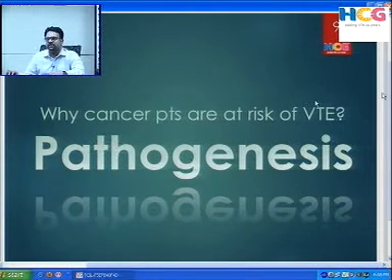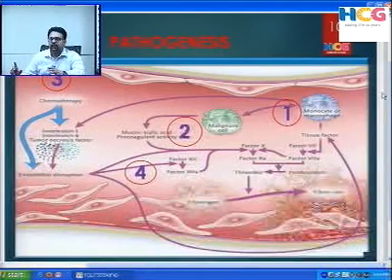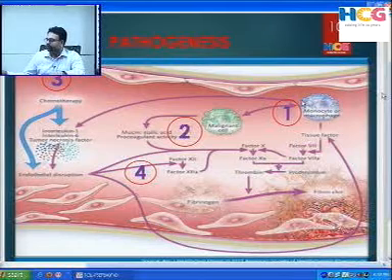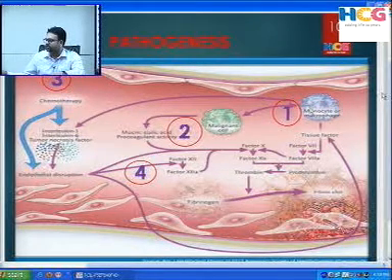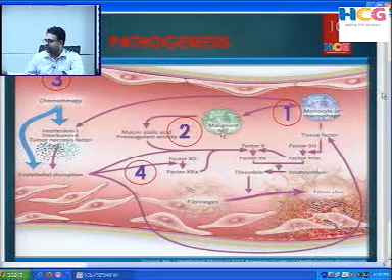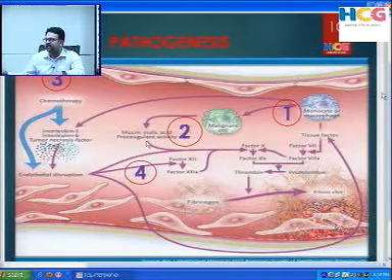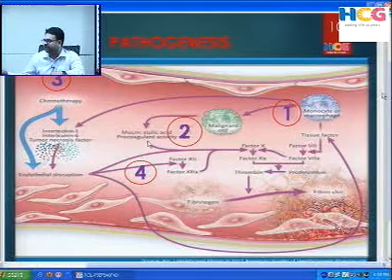So why are cancer patients at risk of venous thromboembolism? There are multiple mechanisms by which a malignant cell can cause venous thromboembolism. The malignant cell can activate monocytes and macrophages, which in turn release tissue factor. A second mechanism is to stimulate the release of mucin sialic acid, which has procoagulant activity.